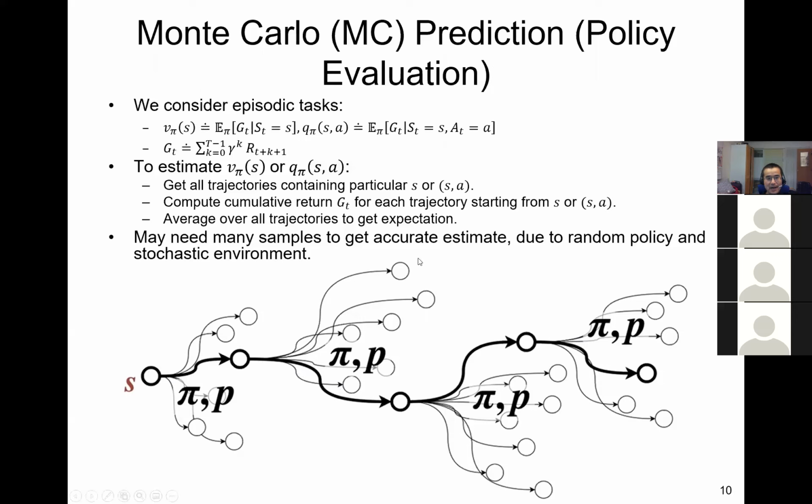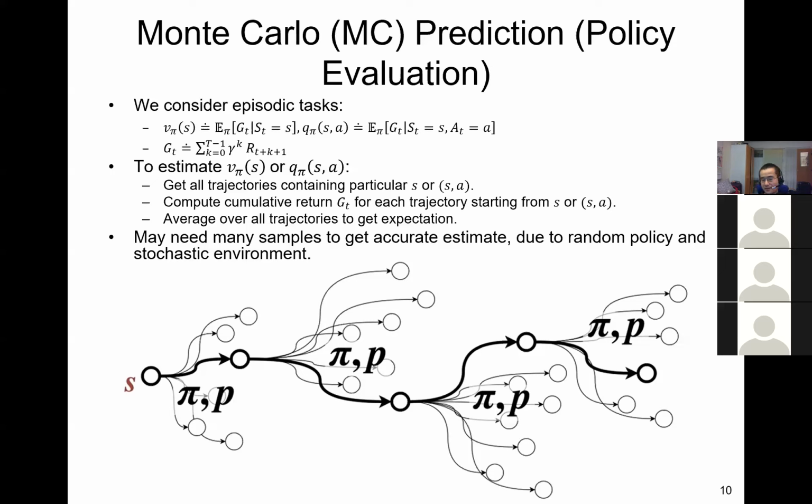And as you can imagine, if the branching factor is very large, the number of possible paths grows exponentially. So you may need many samples to get accurate estimate due to random policy and stochastic environment.